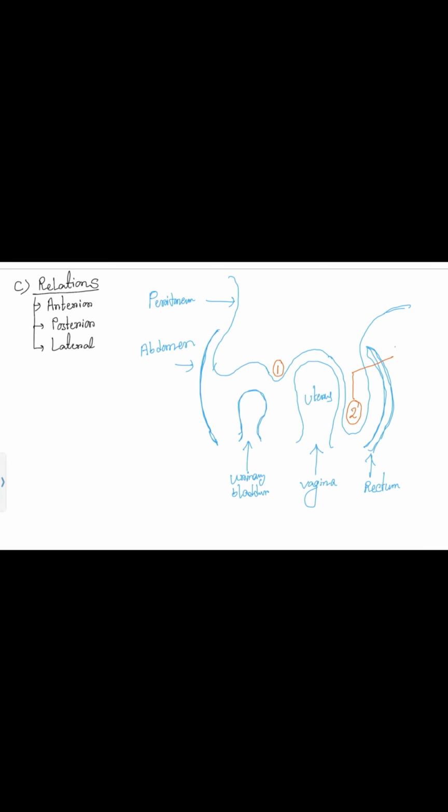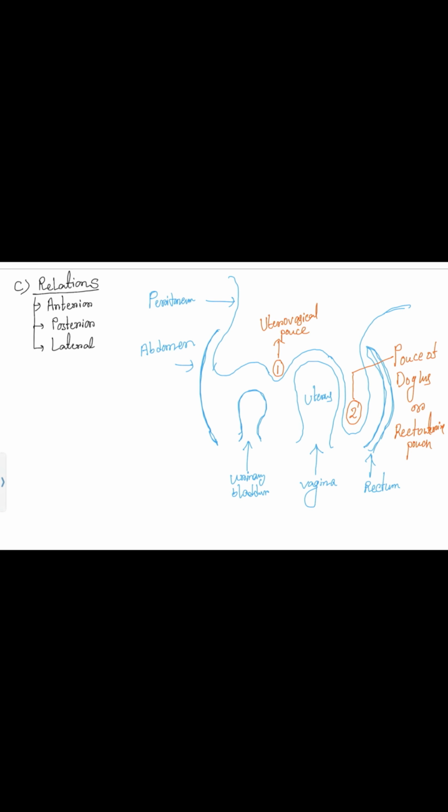This portion specifically we will call the pouch of Douglas, and it has a clinical significance that we will discuss later. This is the pouch of Douglas, or else we can say it is the recto-uterine pouch. And these portions we will call the uterovesical pouch. Okay, now we will tell in detail.